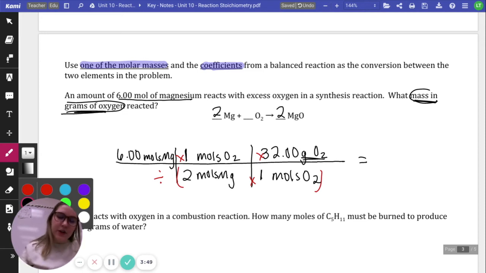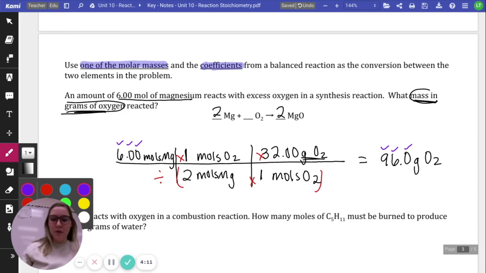All right, guys, when I plugged it into my calculator, I got 96.0 grams of oxygen. I had 3 sig figs in my given, 1, 2, 3, so I need 3 in my answer as well. All right, so that's that one.